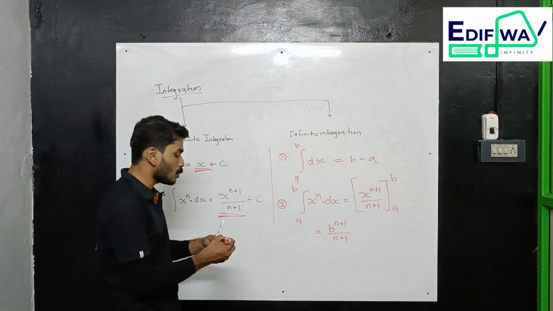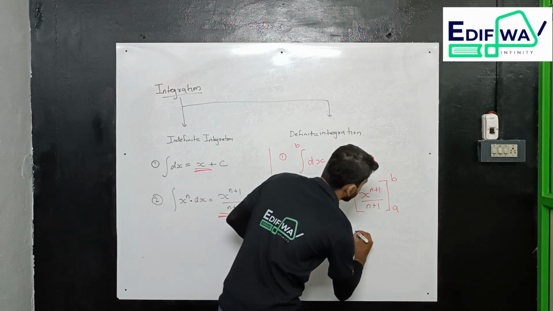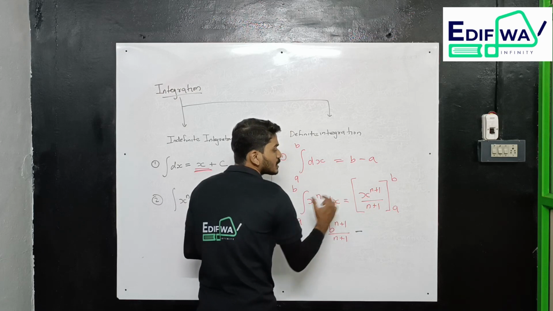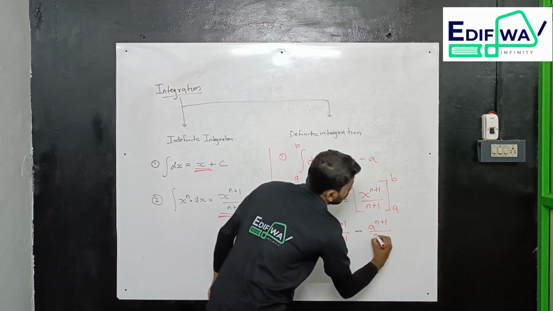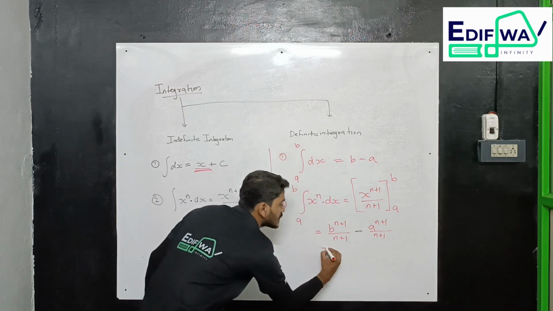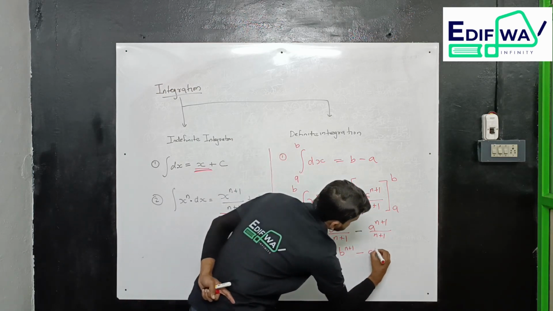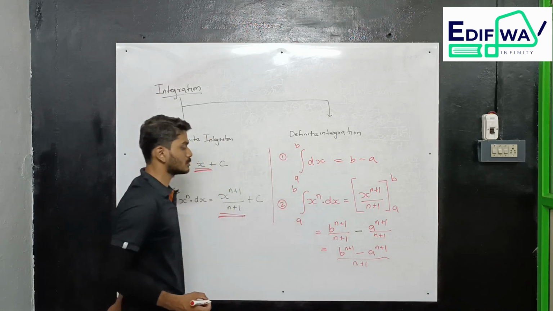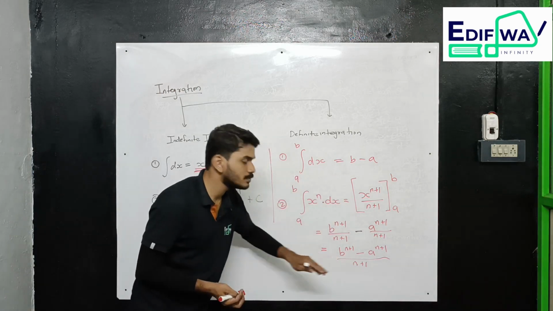Now you have to always put the minus symbol. Now you substitute the lower limit a for the variable x, so it is a raised to n plus 1 by n plus 1. So this can be written as b raised to n plus 1 minus a raised to n plus 1, the whole by n plus 1. This is the procedure.